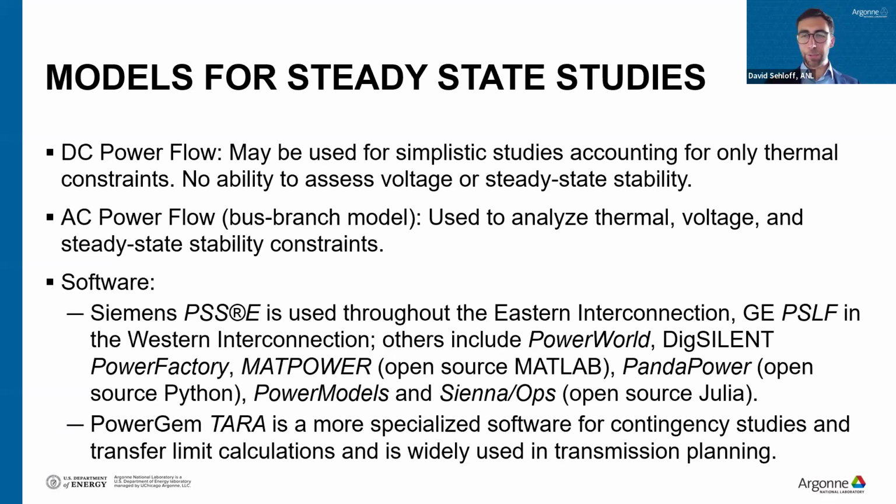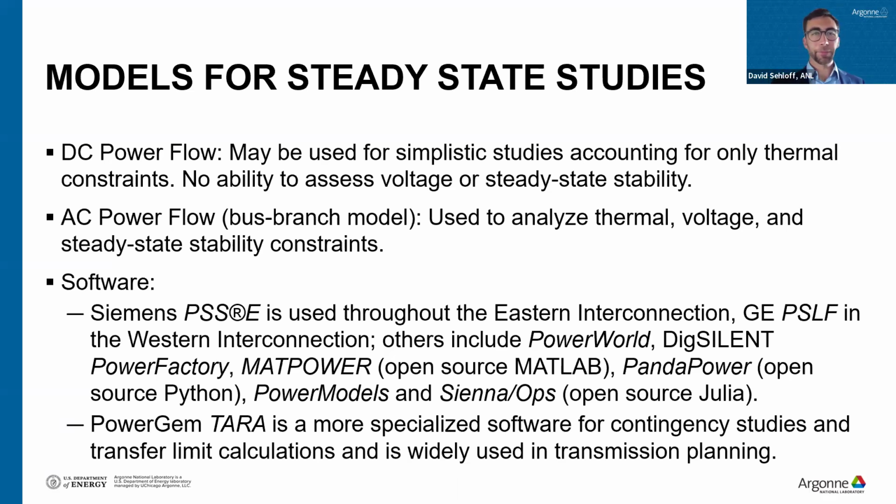These are all great tools that have a lot of capabilities in this type of analysis. Terra is one that I would also mention that it's really specialized for contingency studies for these NERC standards, and also calculating transfer limits. It's used by a lot of utilities and planning entities for these purposes.